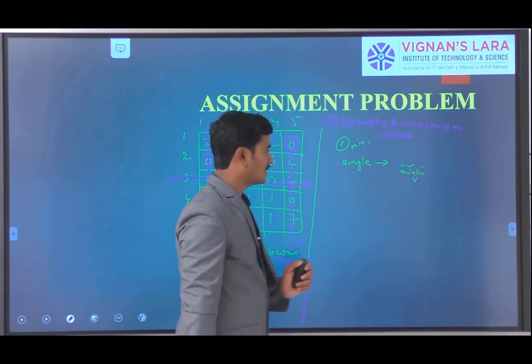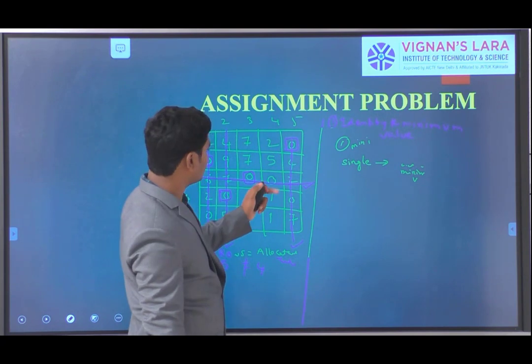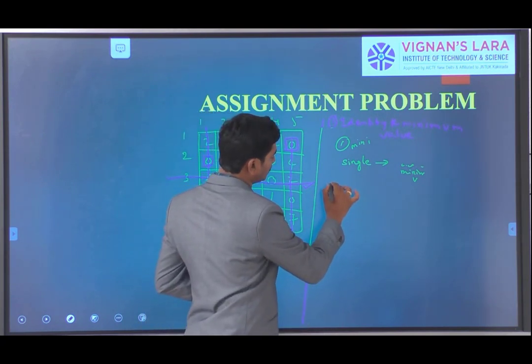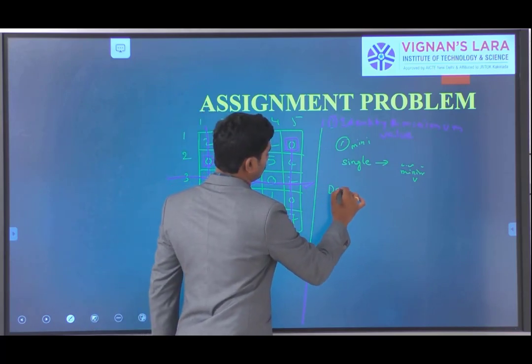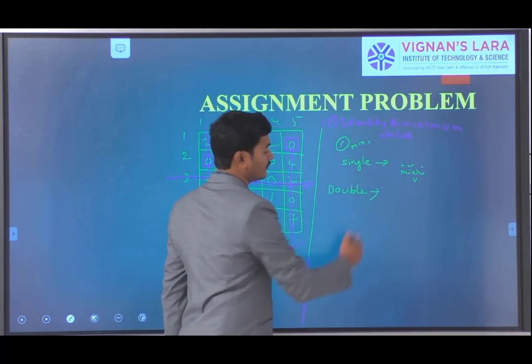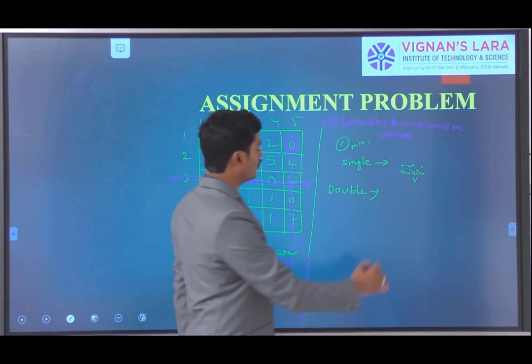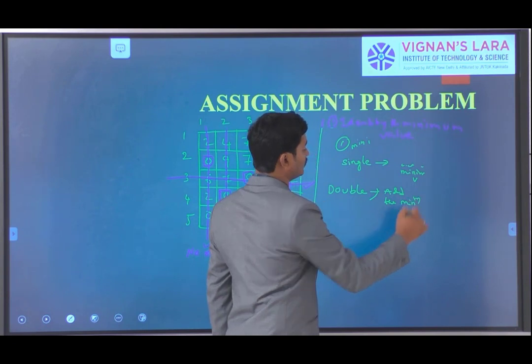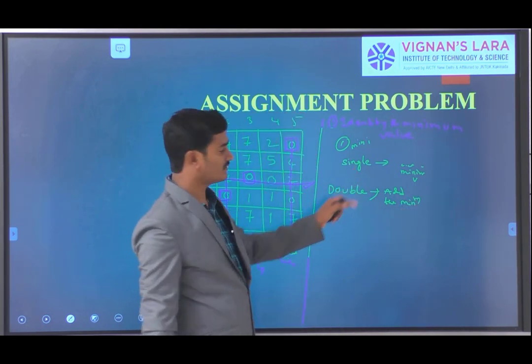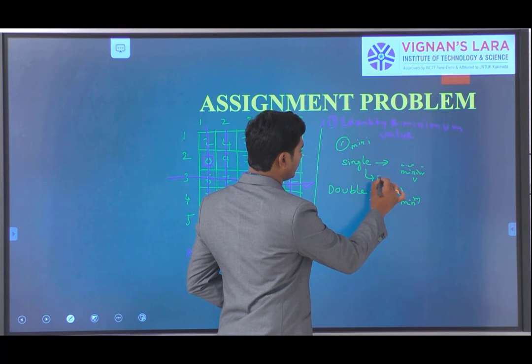Next, when we have double lines at a particular cell, we are going to add the minimum value. If it has a single line, we take it as usual.